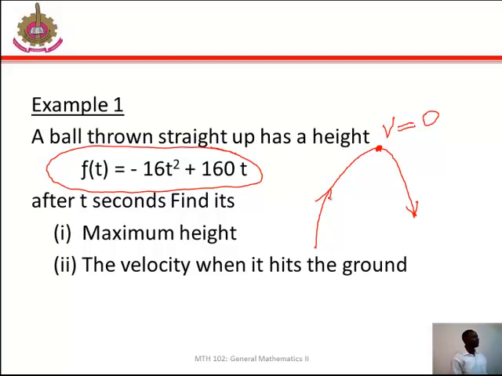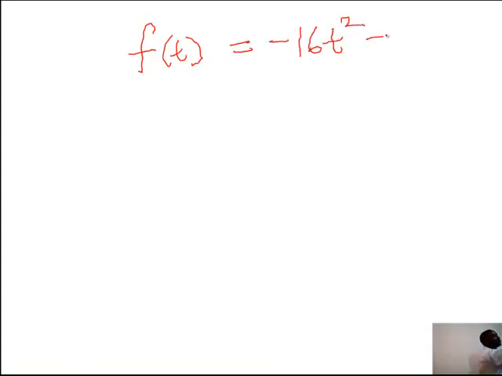Before we can find v, we are going to differentiate this expression of displacement shown on your screen. So let's solve this so that you can get it better. Now, the expression says f of t equals minus 16t squared plus 160t.